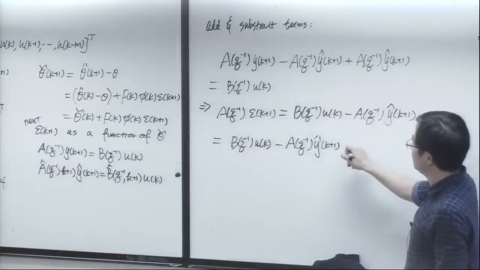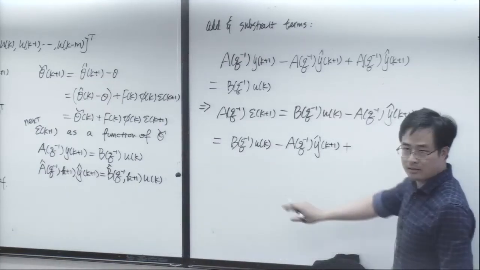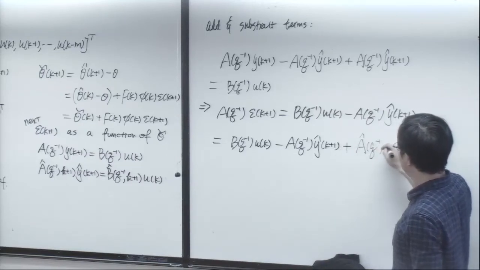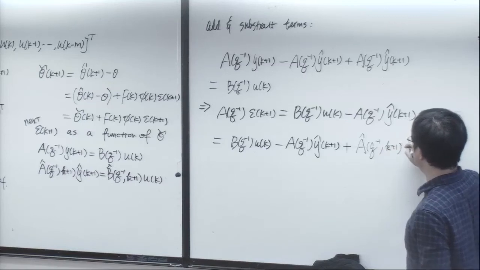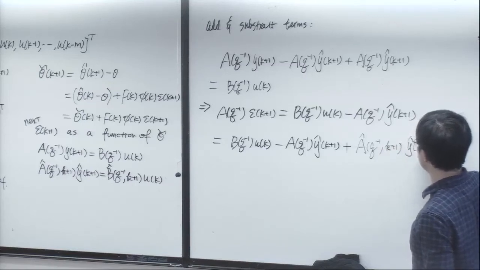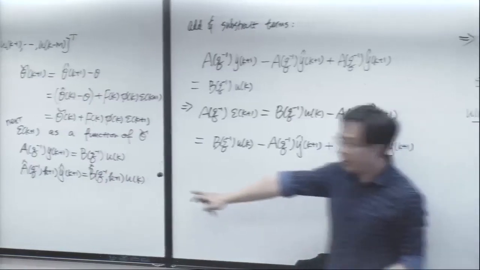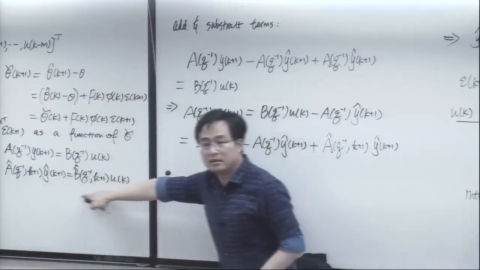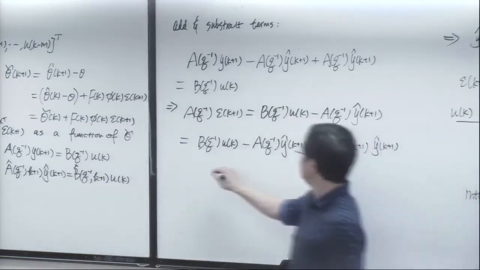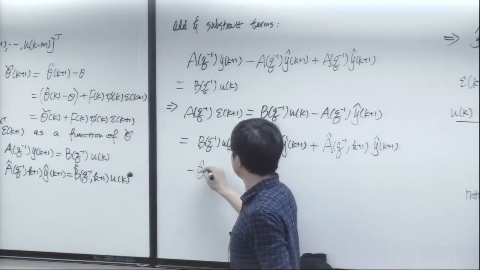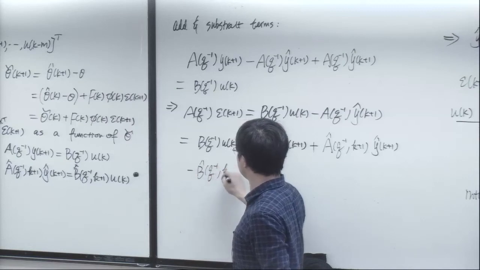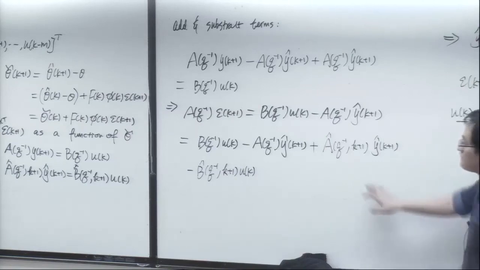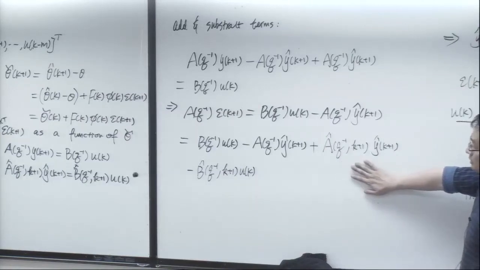I'm going to add a hat k plus 1 y hat k plus 1. I add this term and I subtract this term. And it should be the same thing.